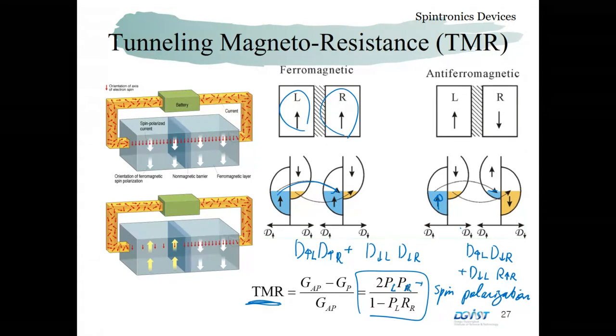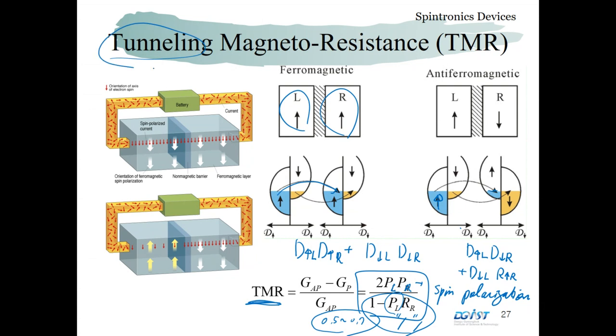For a perfect TMR, 100% polarization means this is 1 and this is 1, so we have 0 in the denominator, meaning an infinite TMR. But the truth is the P value of a typical ferromagnetic layer is around 0.5 to 0.7. Still, we have a large MR compared to the GMR. So this is called the TMR structure.